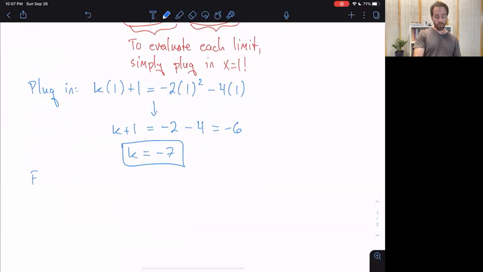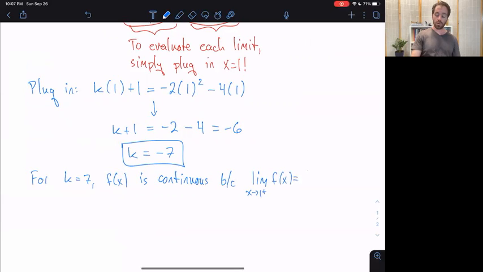So for k equals negative 7, f of x is continuous because the limit as x approaches 1 from the right equals the limit as x approaches 1 from the left.